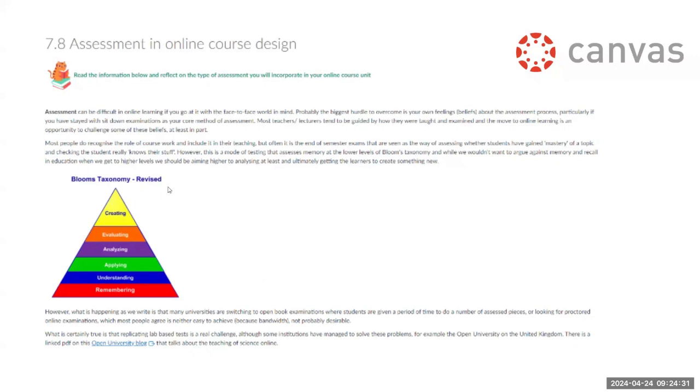This page, for instance, tells us the purpose of formative and summative assessment. It also reminds us that this is a moment where we go back to the learning outcomes that we designed to check whether they were achieved, and whether the students were able to engage in the higher order or lower order skills that we have incorporated as part of our learning outcomes.